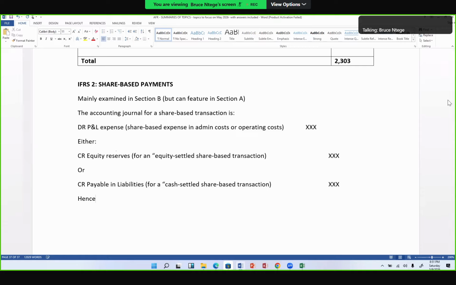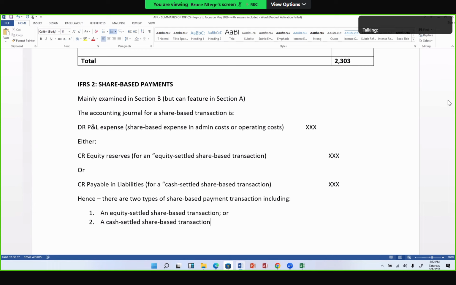If it's equity settled, the credit shall go to the reserve, or if it's cash settled, the credit entry shall go to the payable under liabilities. You only wait to see which type the examiner has examined. The examiner can examine one of the two types, or both, but in separate parts of the question. Okay?